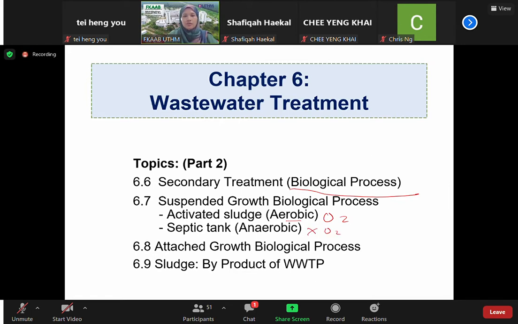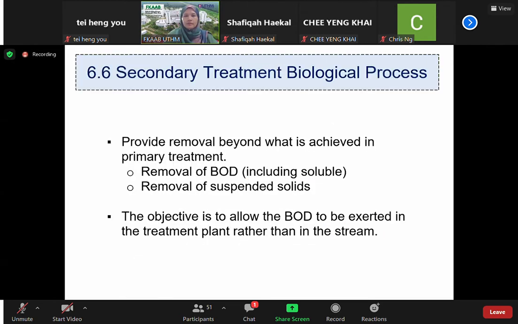The method is either attached growth or suspended growth biological process, and finally this process also produces sludge. This is the byproduct from the wastewater treatment plant process. Okay, let's go to the next slide.